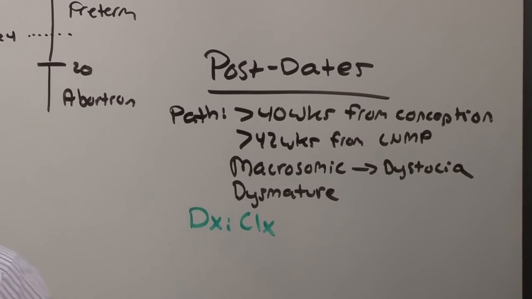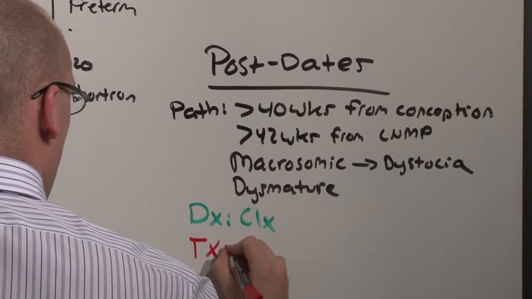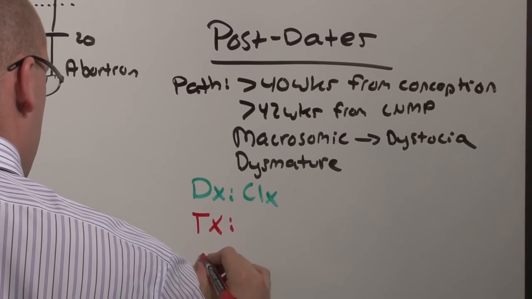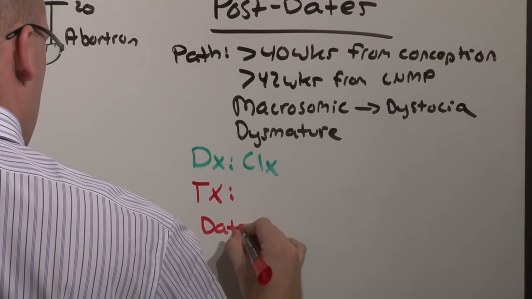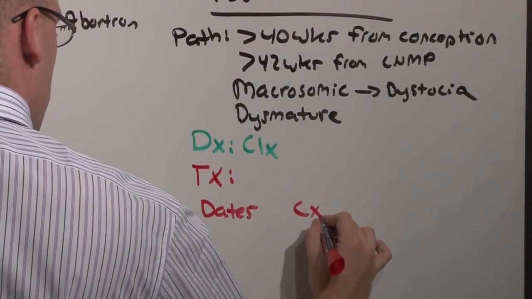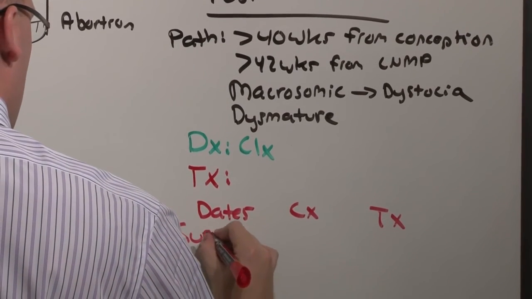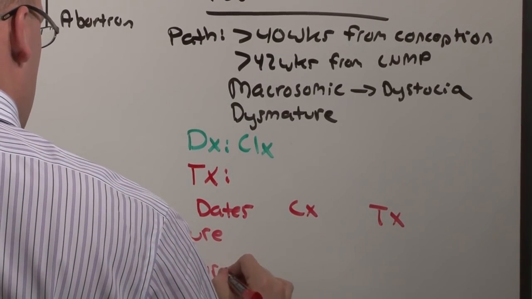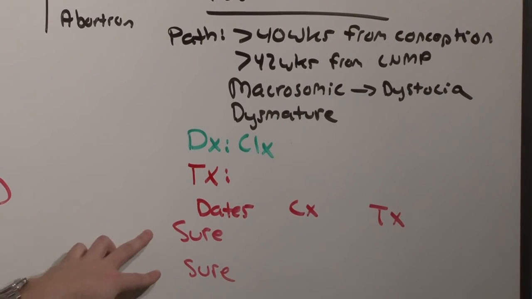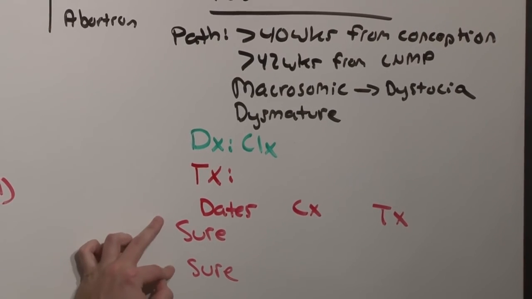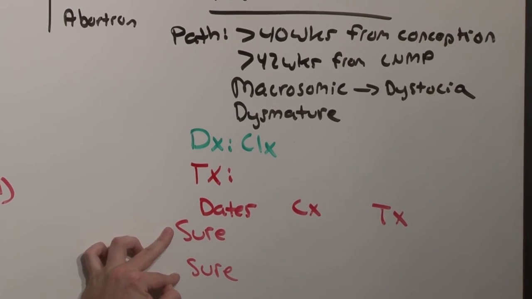And the treatment is going to depend on how sure you are and how ready mom is. So it's dependent on the dates, on cervical favorableness, that determines the treatment. If you are sure of the dates, that is, you got that first trimester ultrasound, or she was doing family planning, you know that she is for sure post-dates.